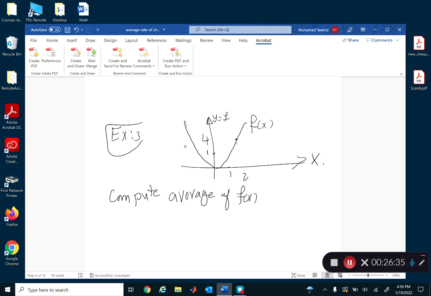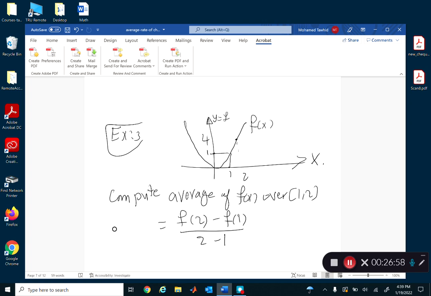But it's very clear this graph is x squared, a parabola, f of x, and they give you the interval, which is 1, 2. You just work from the graph. So now, what is your average rate of change? It will be f of 2 minus f of 1 over 2 minus 1. For f of 2, I make a vertical line and see the corresponding value.